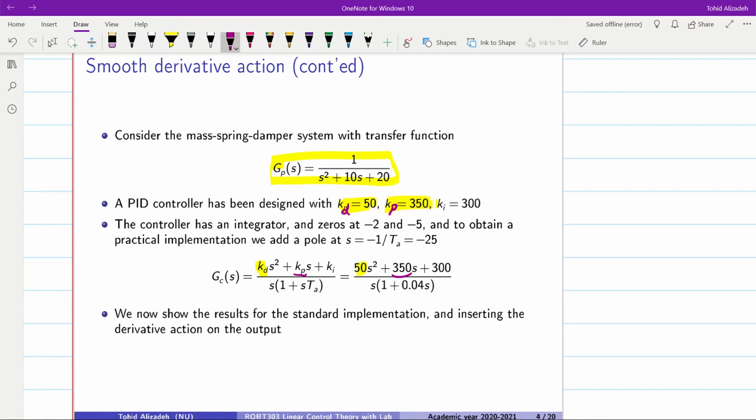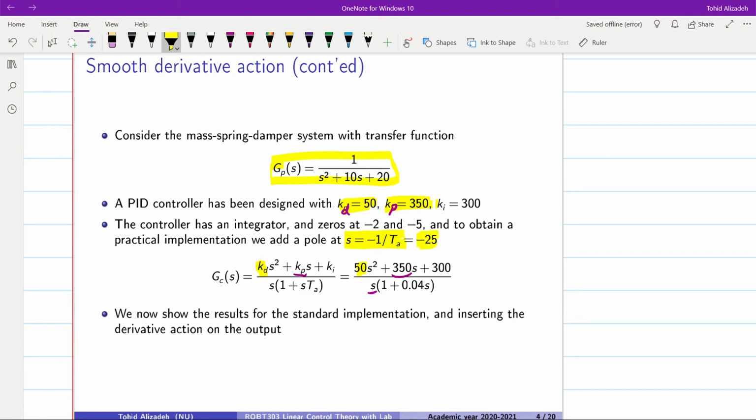We can see that this controller has an integrator because we have the pole at the origin, and it has zeros at -2 and -5. In order to obtain the practical implementation for the PID controller, we also add a pole at s equal to -1 over Ta, which is at -25.